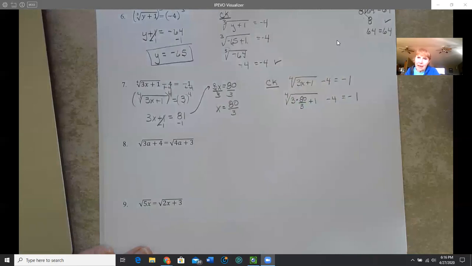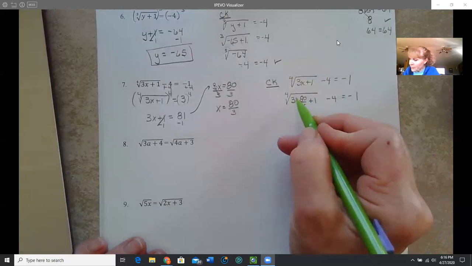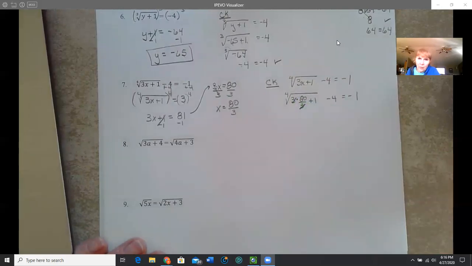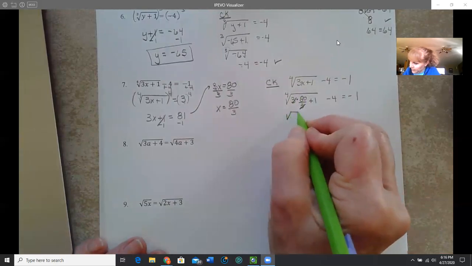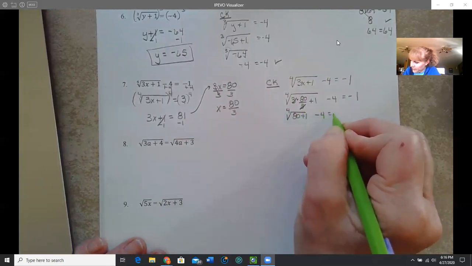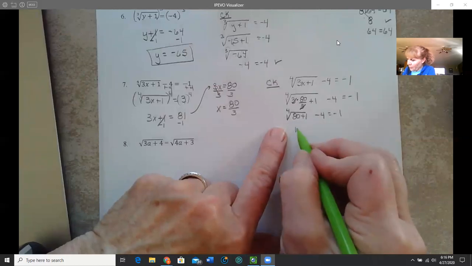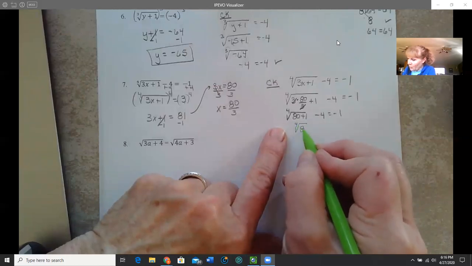The nice thing about this 80/3, you guys, it wasn't so bad to put it back in because the 3's cancel. It's 3 over 1, so they cancel. So we end up with the fourth root of 80 plus 1. So this ends up being the fourth root of 81.